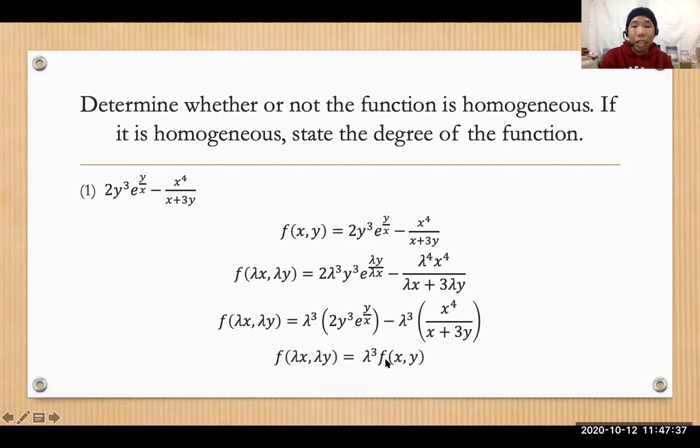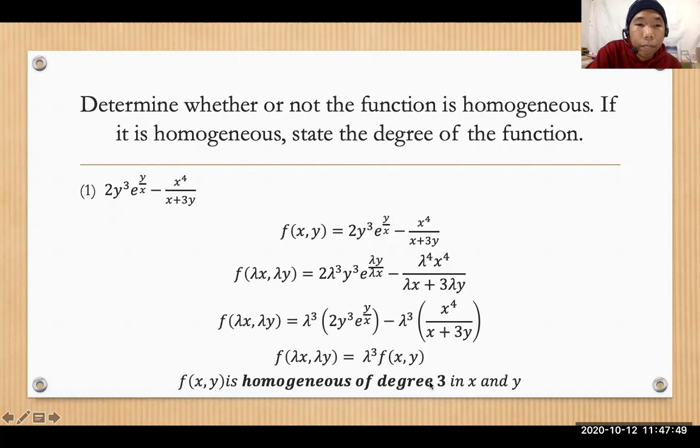This means that the given function is homogeneous of degree 3, because of this exponent in your lambda, degree 3 in x and y. Any questions for this example? Okay, so that's the process and how you can determine whether a function is homogeneous or not.